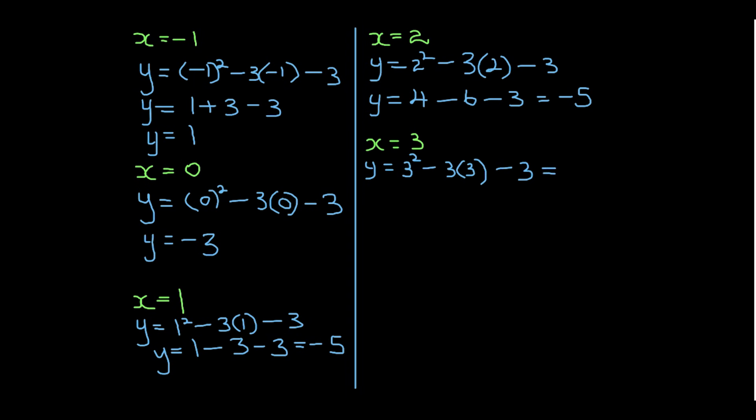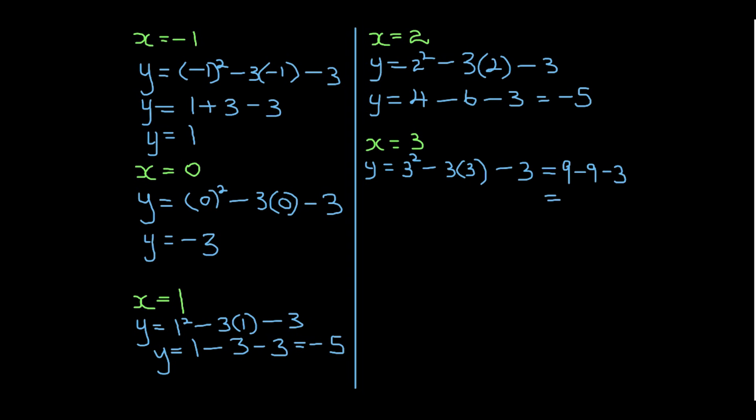Okay, so anybody wants to tell me what they got for the y value when x is equal to 3? Let's see. Alright, so we have another negative 3. So 3 squared will give us 9. 3 by 3 is 9, so 9 minus 9 so far.